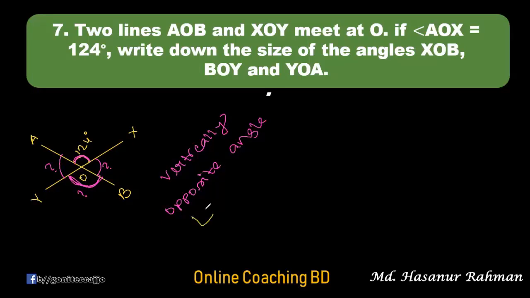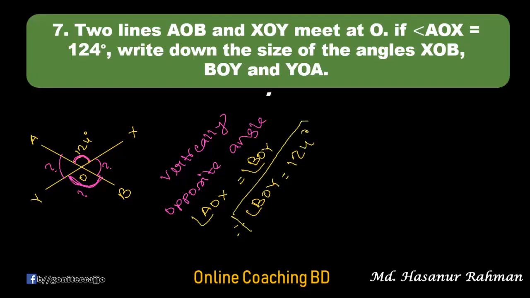So from the definition we can say AOX equals BOY. So if AOX is 124 degrees, the angle of BOY should be 124 degrees also, and that is our first answer. So BOY is 124 degrees.